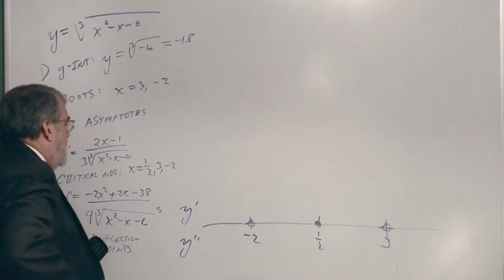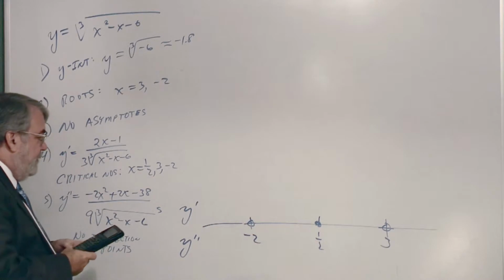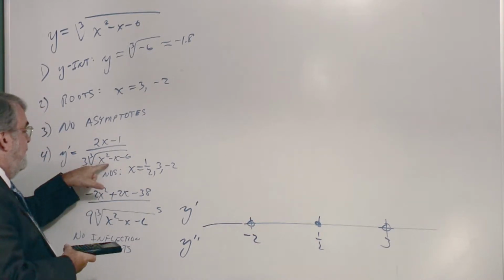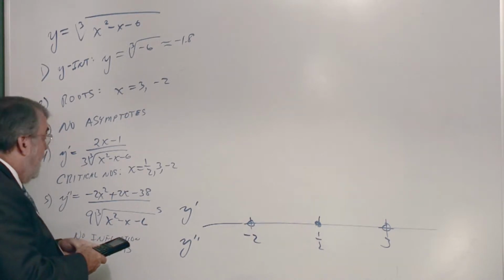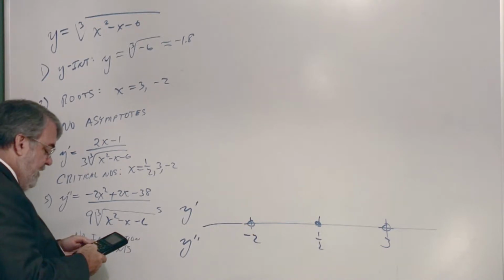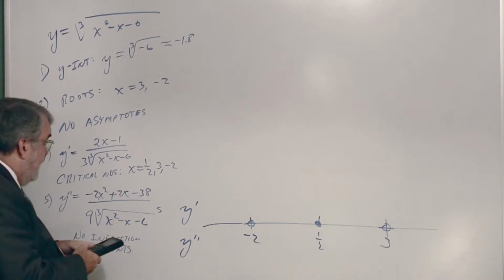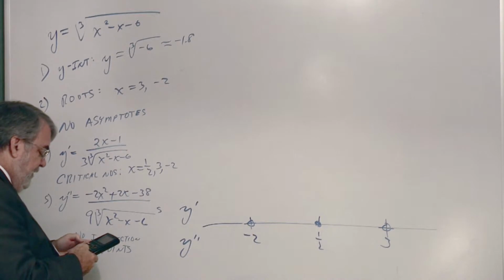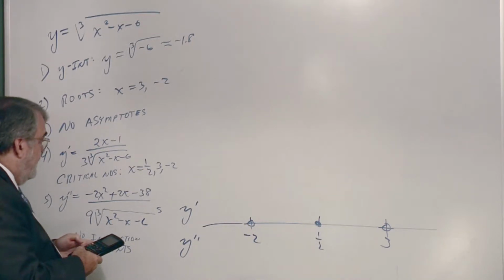And so, let's make it easy. I'm going to punch in, first of all, my function. So parentheses, 2x minus 1, and then divide by 3, and then divide by the x squared minus x minus 6, close parentheses, raised to the left parentheses 1 divided by 3.